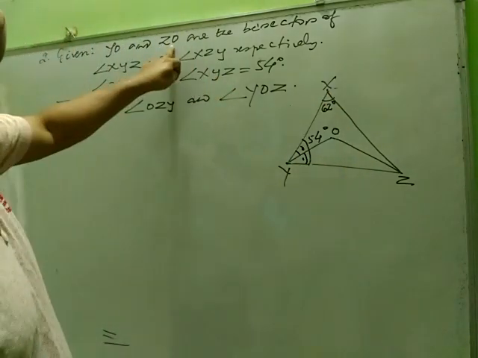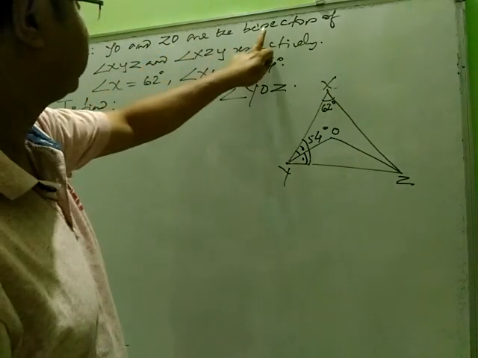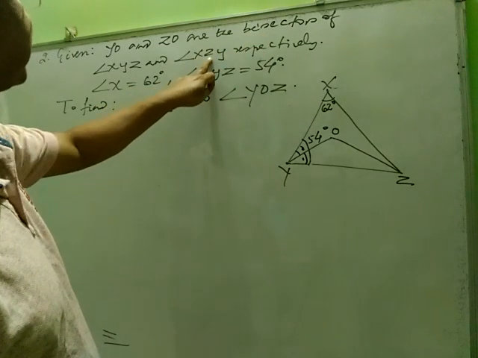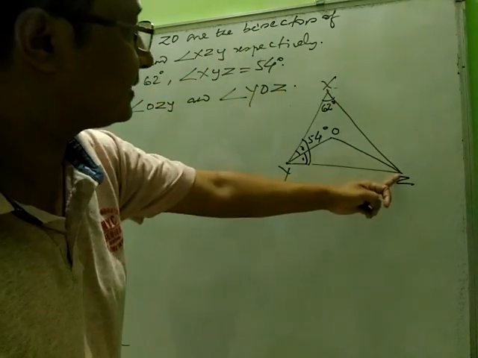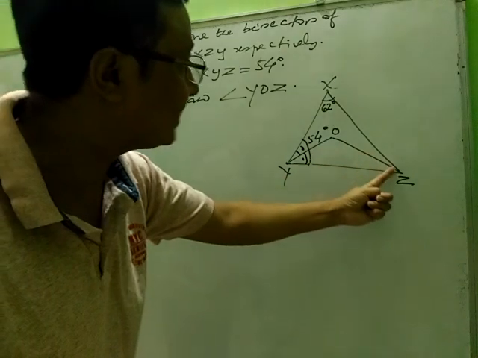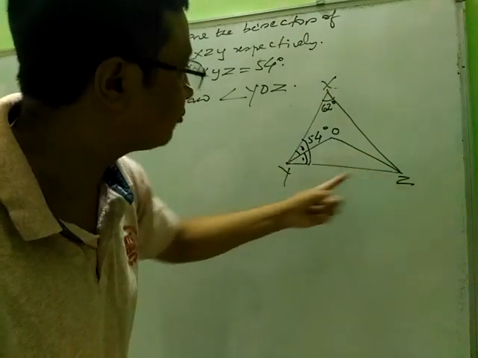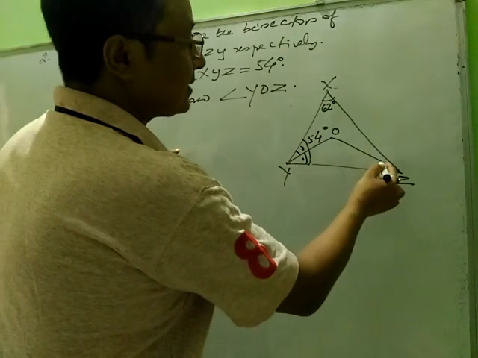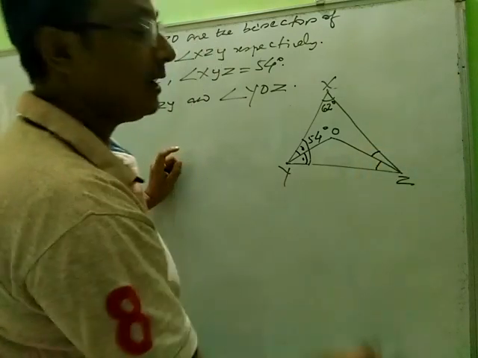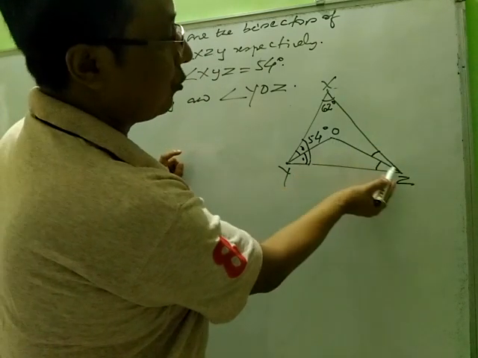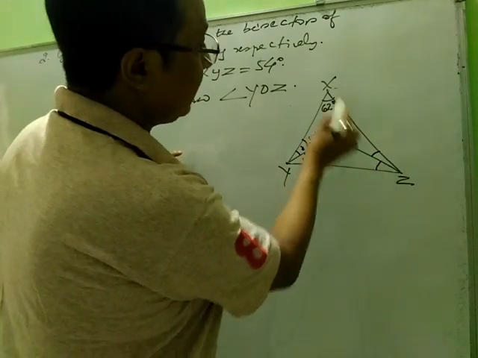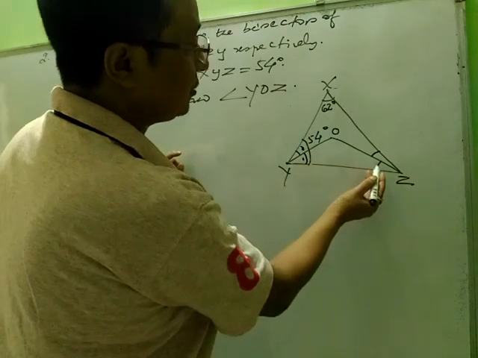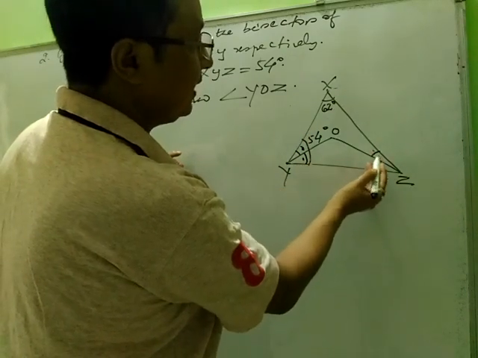Similarly, ZO is the bisector of XZY. So ZO bisects angle XZY. That means these two parts are equal, because ZO bisects angle XZY, so these two parts' measurements will be equal.